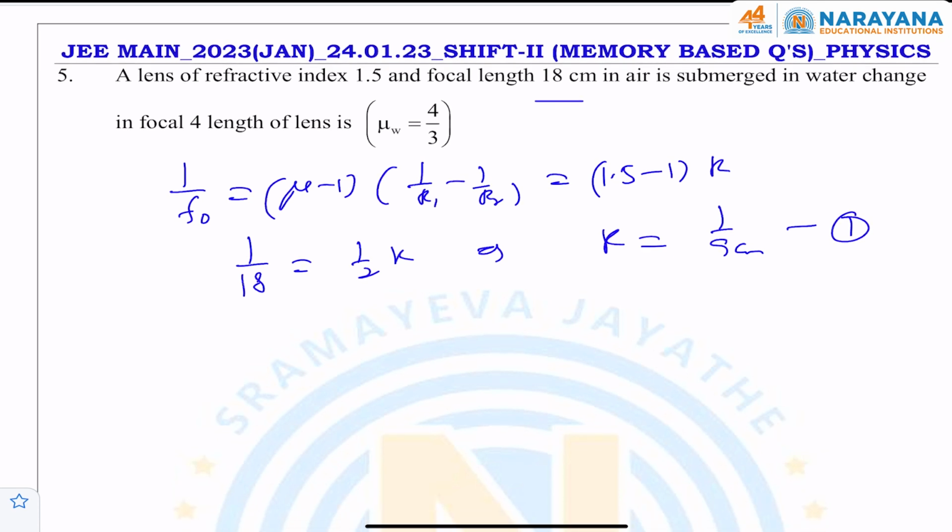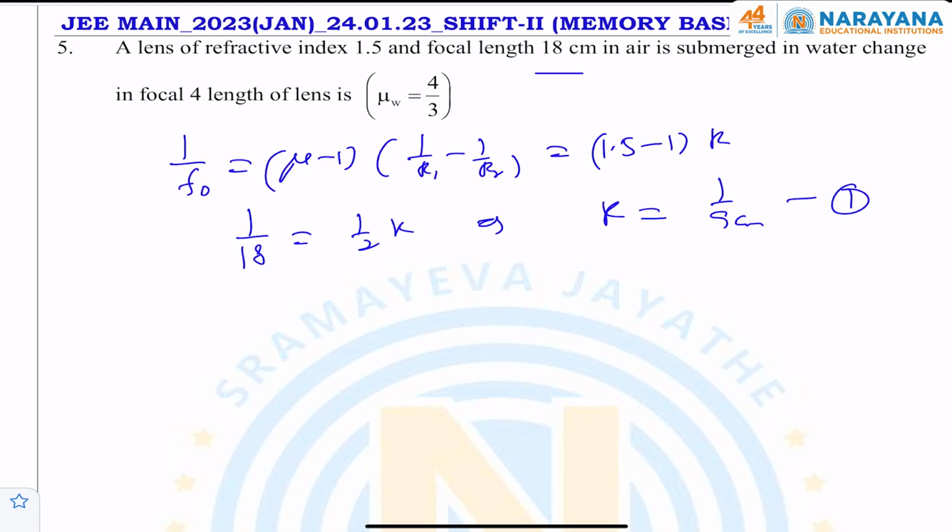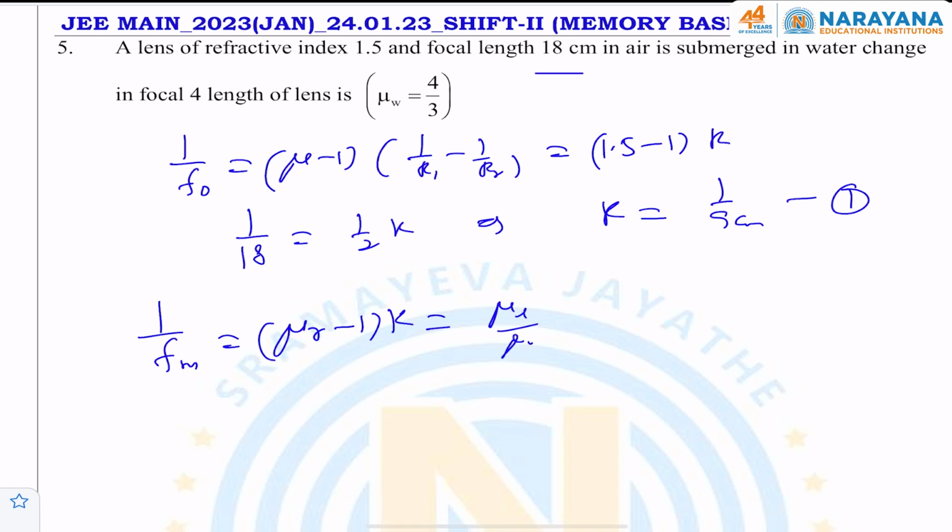When it is immersed in medium of refractive index 4 by 3, its new focal length 1 by Fm equals (mu r minus 1) into the same constant K. Mu r is refractive index of material of lens by refractive index of medium.